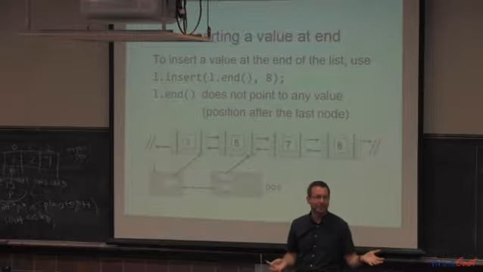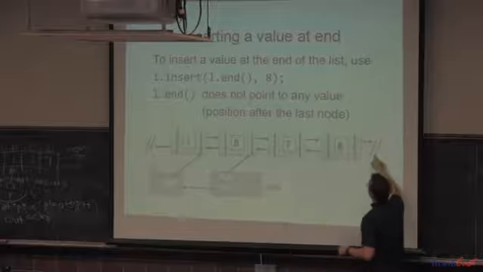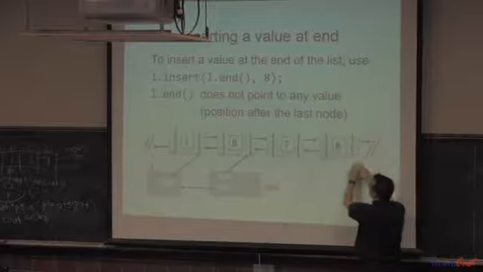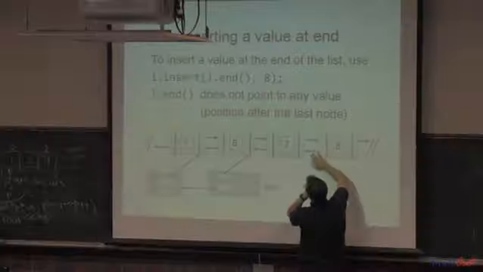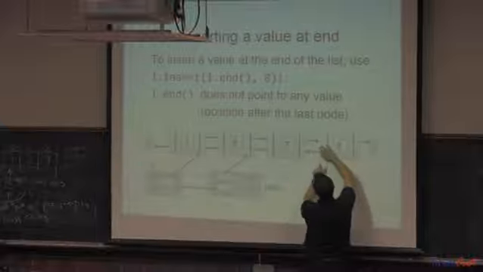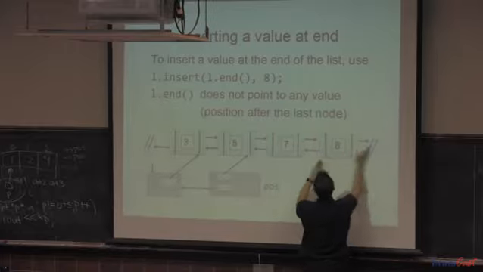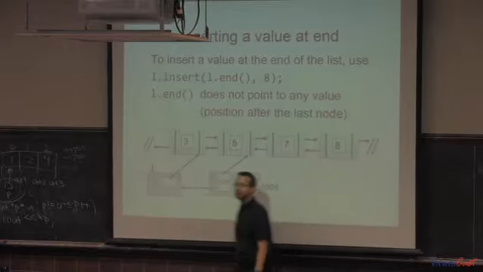Which is a lot easier. But you want to insert before the last element. This is L.end. So I want to insert before, or it was here initially, right? So if you want to insert the 8 at the end, you just pass this iterator into the insert function, and then the 8 will go before the end. It'll put it between the 7 and the null. Okay?